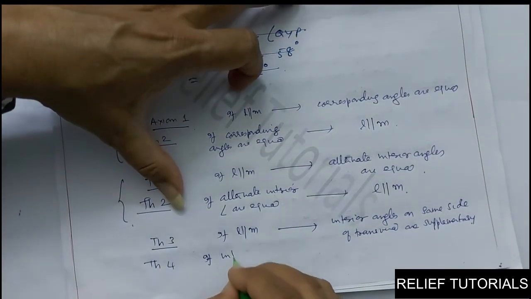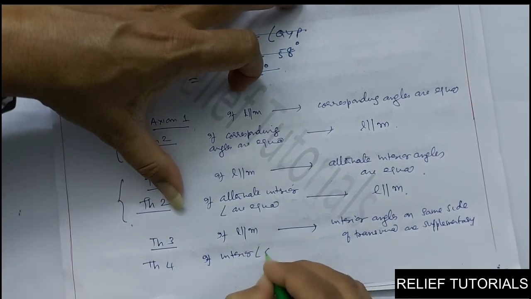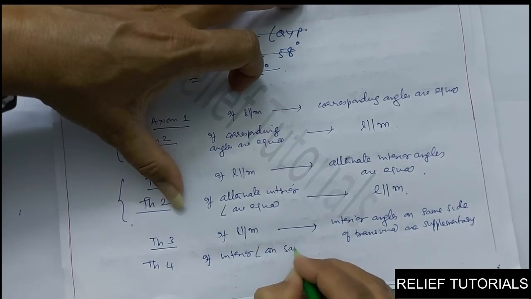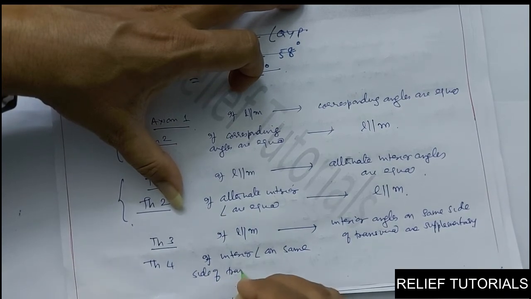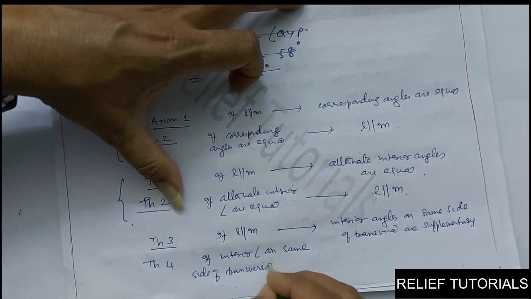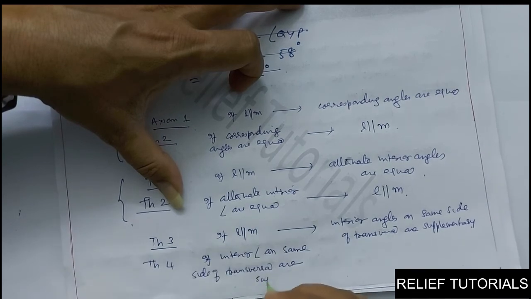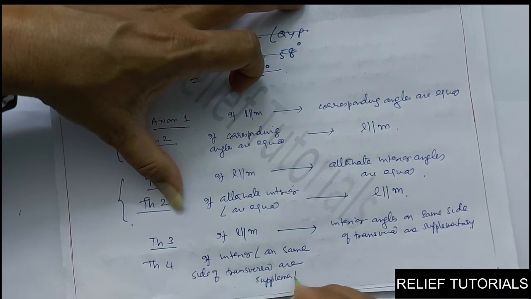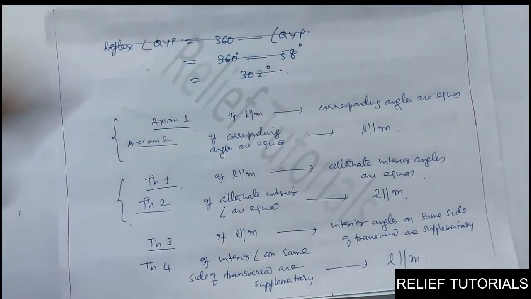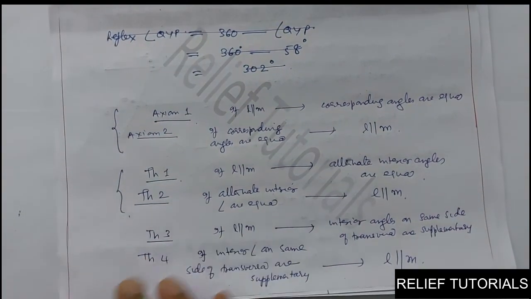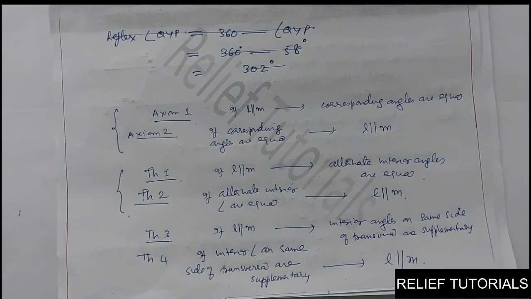If interior angles on the same side of the transversal are supplementary, then lines are parallel.